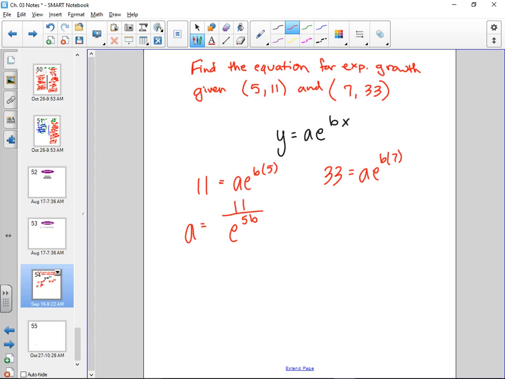Solve for A by dividing over, and then what do I do with them? Plug them in. See it? Substitution. So then I end up, we're right here, 33 is equal to 11 over e to the 5b times e to the, I don't like that, 7b.